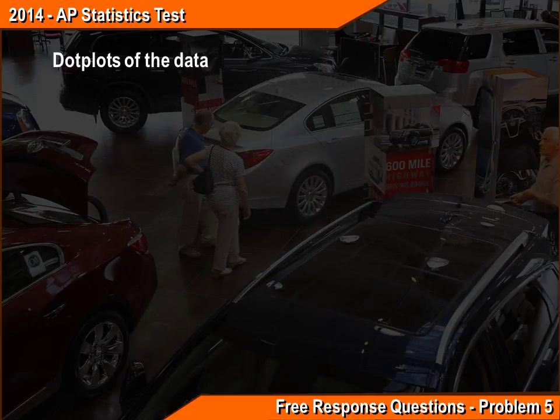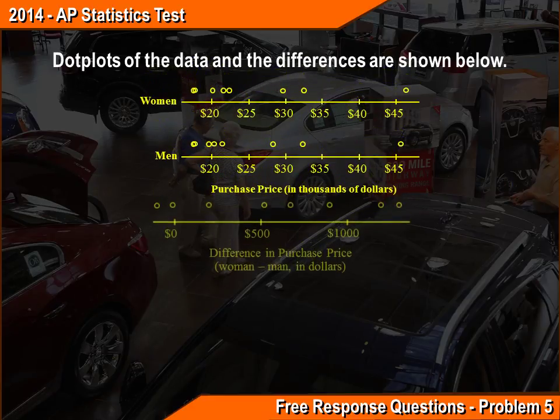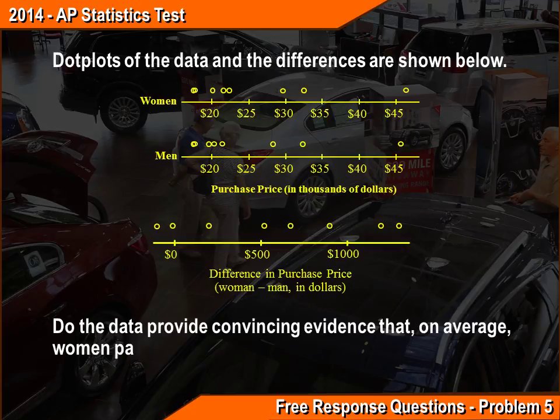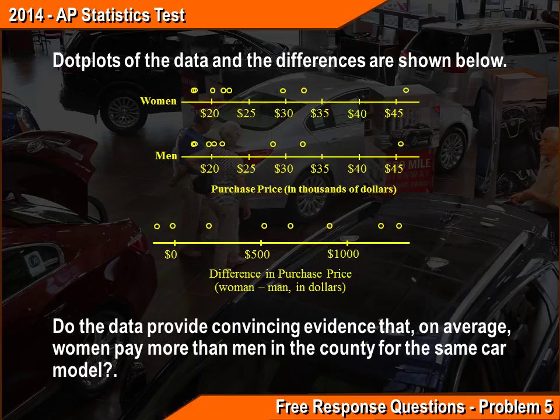Dot plots of the data and the differences are shown below. Do the data provide convincing evidence that, on average, women pay more than men in the county for the same car model?